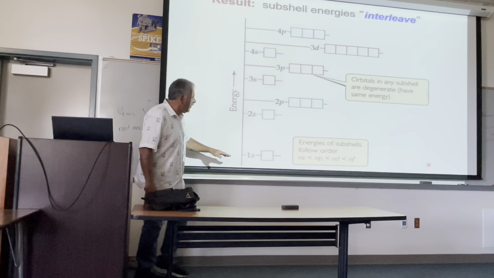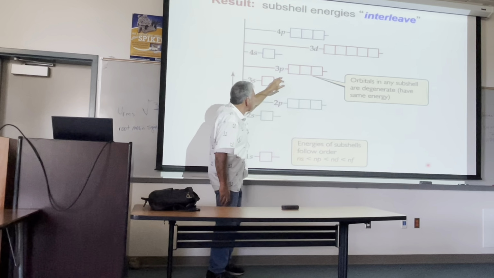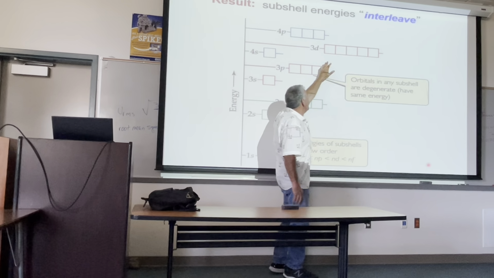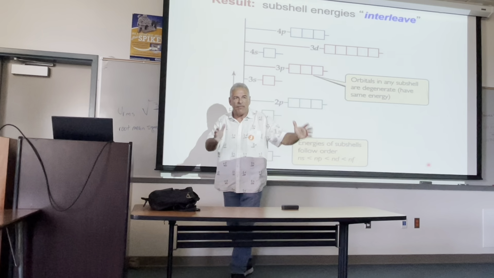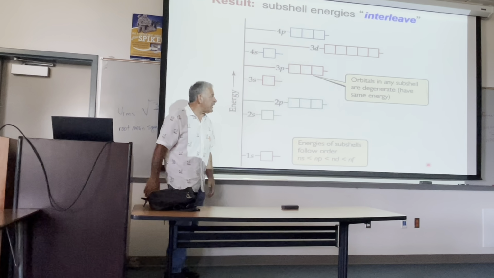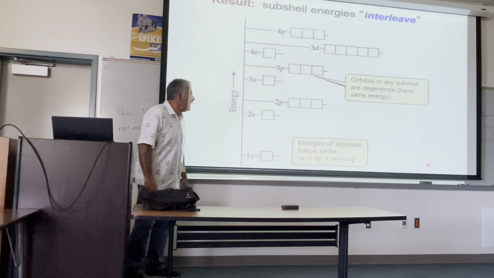So when we go to fill, we fill 1s, 2s, 2p, 3s, 3p, then we go back and fill the 4s, and then we fill the 3d, which is why the transition metals are lower in energy, one rung down, because we have the 4s filling before the 3d.